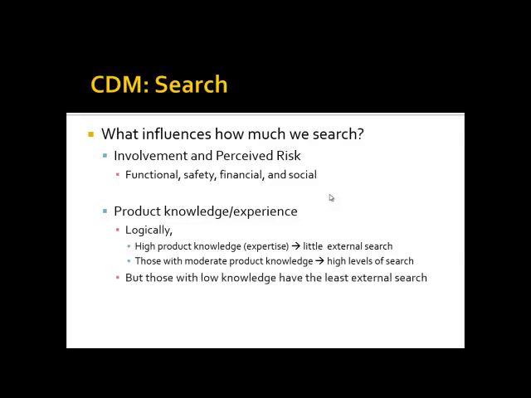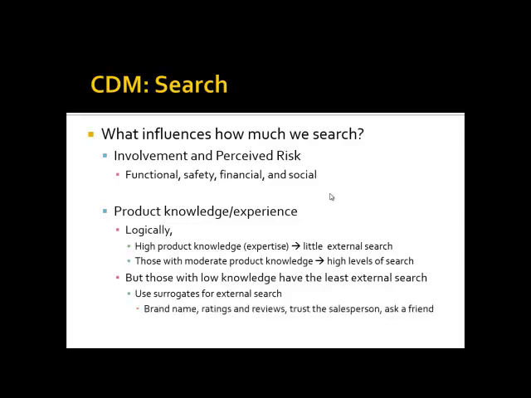People with low product knowledge search the least. Now that seems somewhat counterintuitive because they have the most to gain from search. But the fact is, many times they feel like they don't have enough knowledge. It's too difficult. They won't understand the brands and the different options.